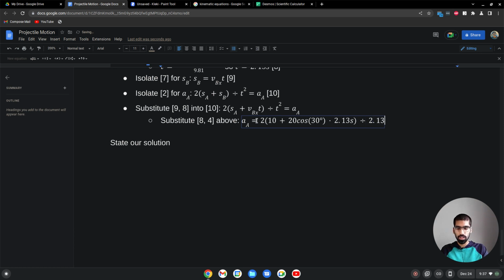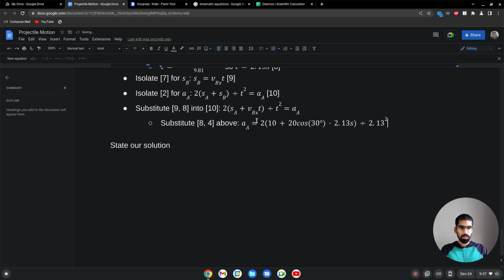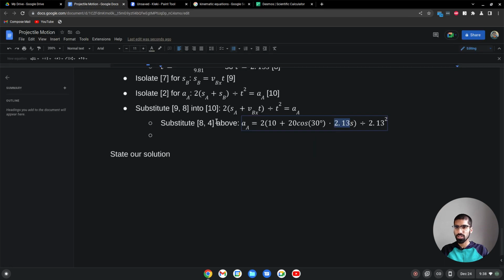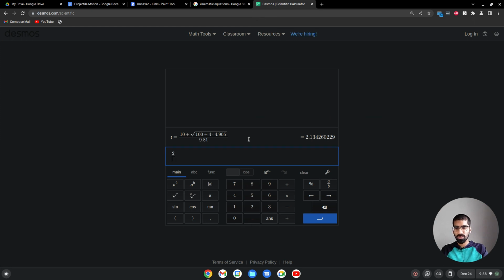So 2.13 squared. Type all this into a calculator and make sure you don't take the rounded value, right? We want to take the most accurate value possible. So in Desmos, I can set t to a variable, which is why I like Desmos. Then I can take all the rest of this, 2 times (10 plus 20 cos 30 degrees).